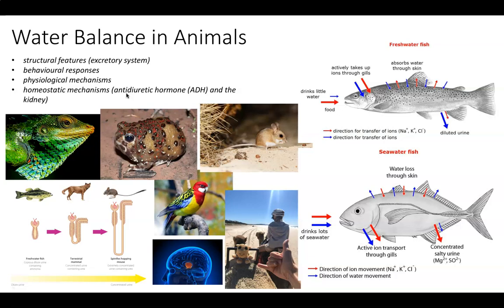So when our brain picks up that we're dehydrated, we release ADH. And so water is retained. And this is how animals and mammals maintain water balance through structural, behavioral, physiological, and homeostatic mechanisms.